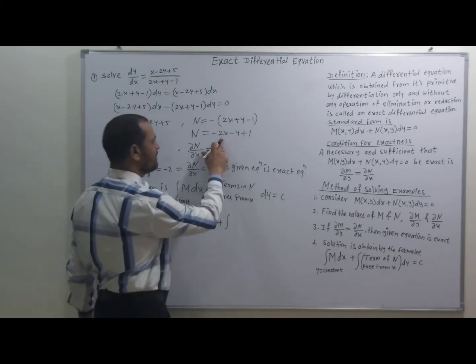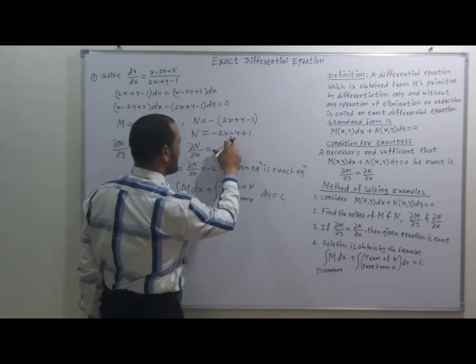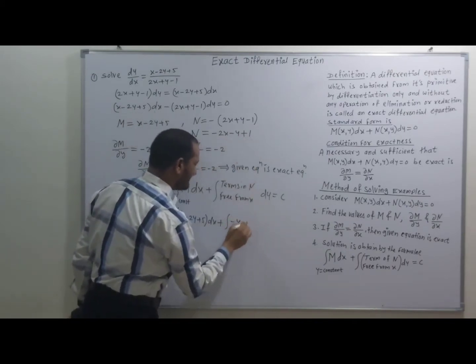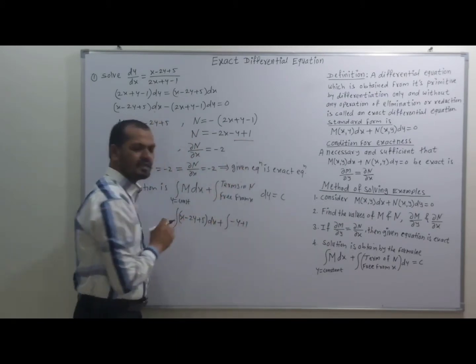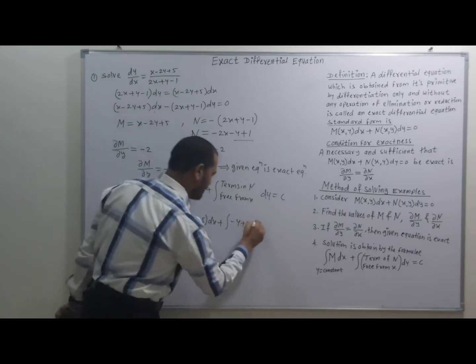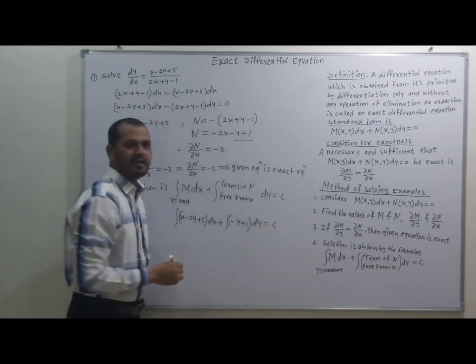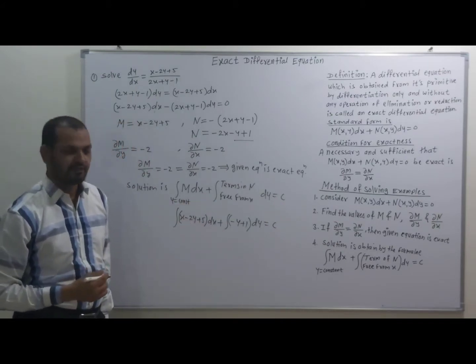The first term contains x, so just drop this term. The next term is -y + 1, which is free from x. That means in these two terms x is not available, so we take the term (-y + 1) dy is equal to c. In this way we use the formula for the solution of an exact differential equation.